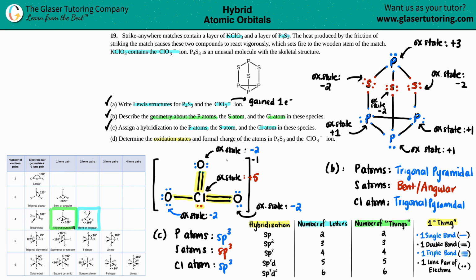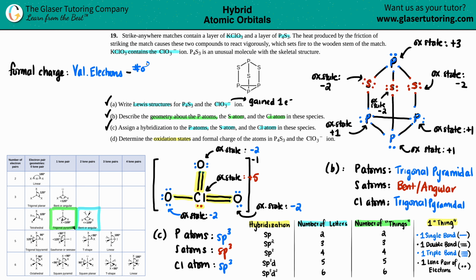Now we have to do the formal charges. Formal charge is probably better to do with a formula. This is probably a review, right? Formal charge is always valence electrons minus number of bonds.